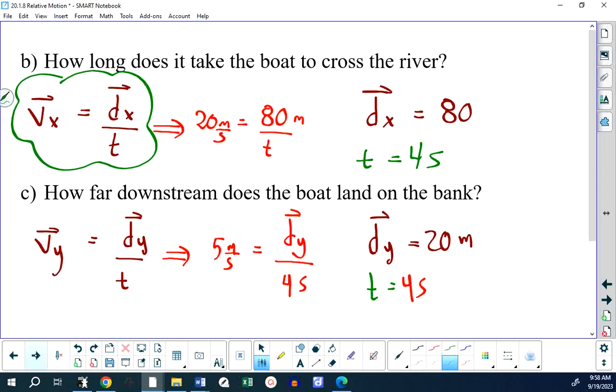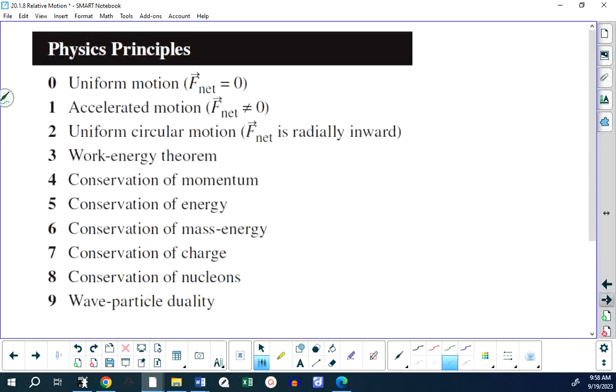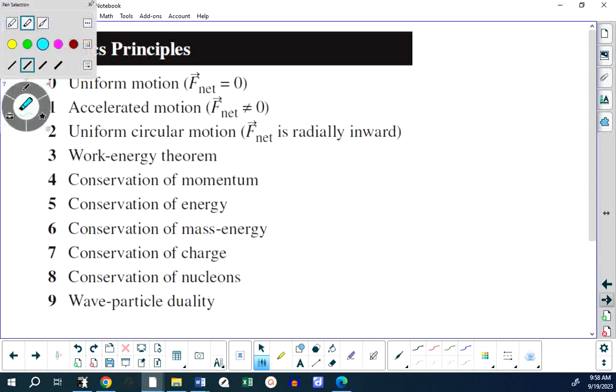Okay. So we're talking here about using the formula velocity equals displacement over time. Well, I'm going to be sarcastic here. Do you believe that that formula is an application of conservation of charge? No, you don't even know what that is.